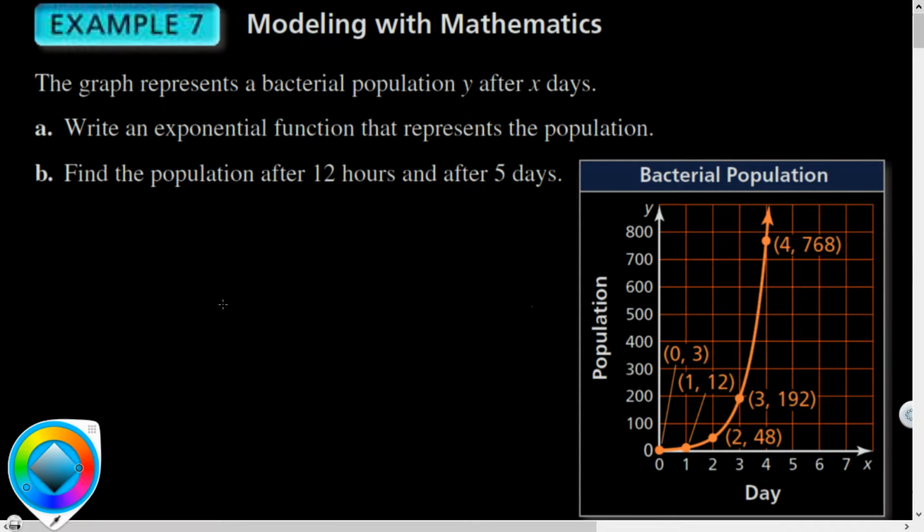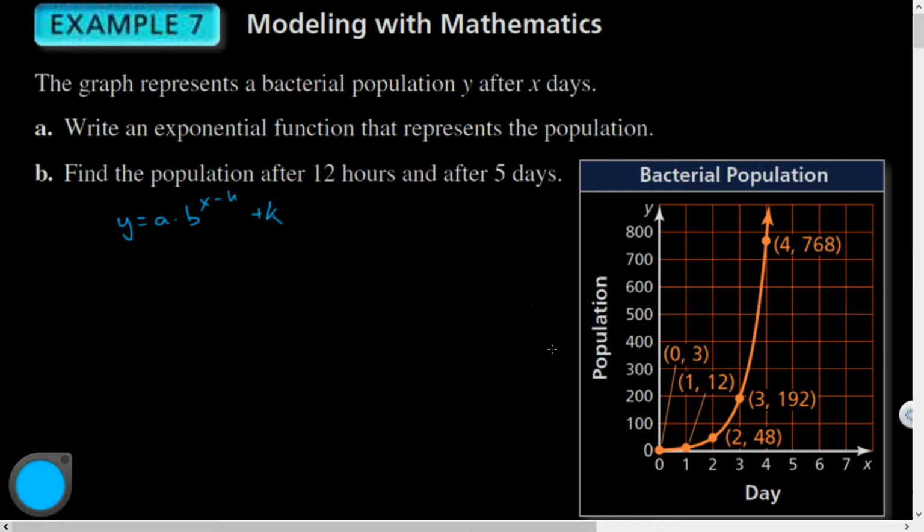The way I'm perceiving this, I'm thinking about the y equals a times b to the x sort of situation. Theoretically we could also have the minus h and the plus k, but I don't think those are going to show up in this problem because I happen to know they won't.